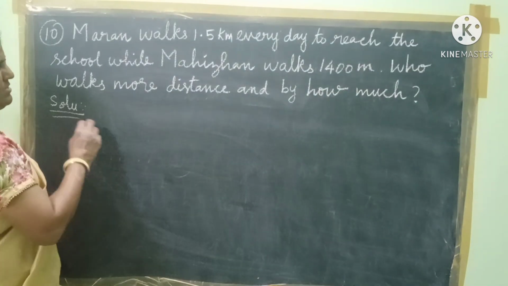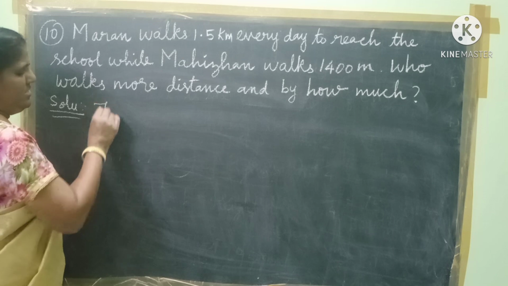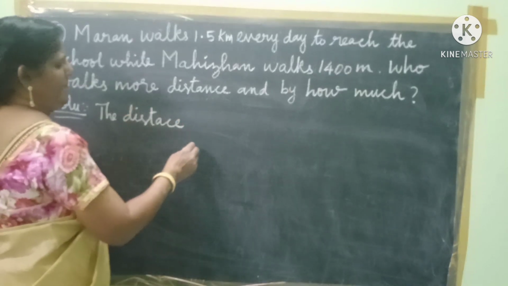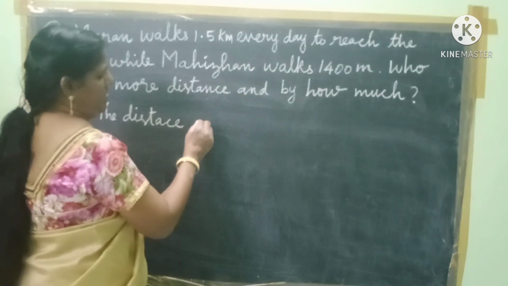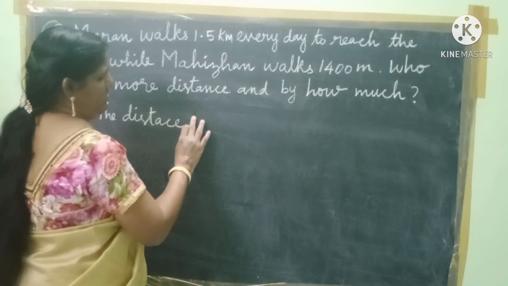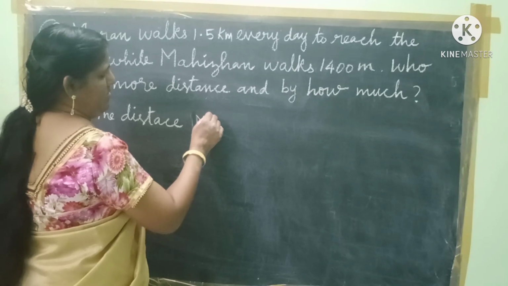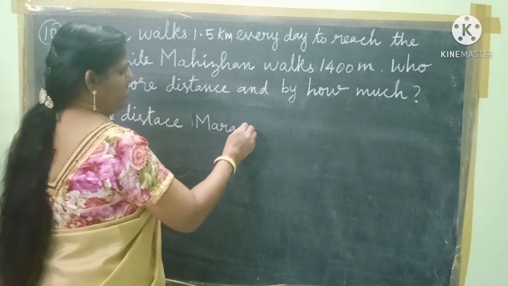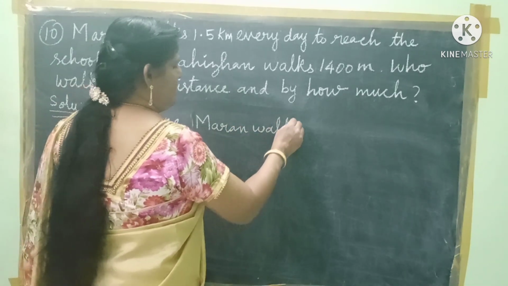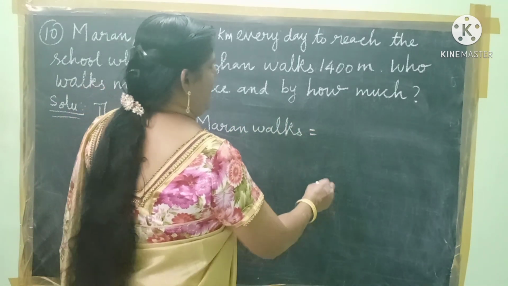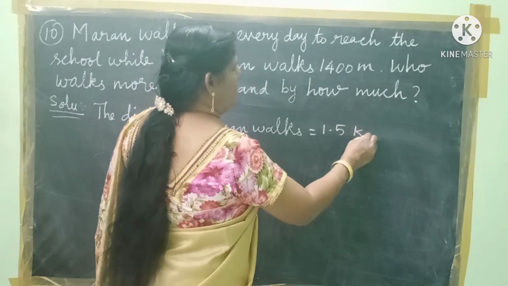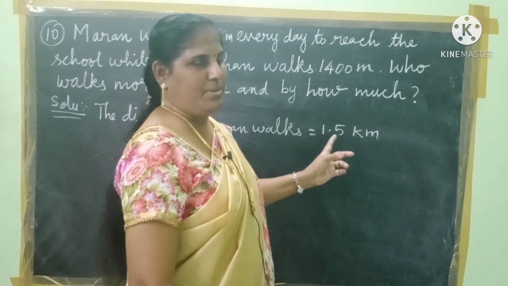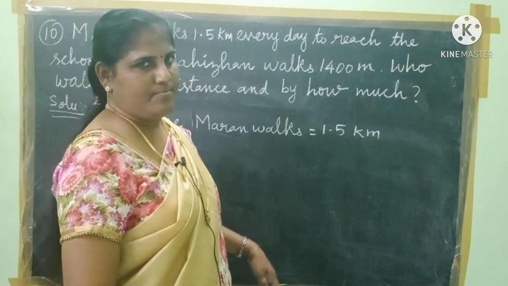So first of all, you put the solution. The distance Maran walks. How much does he walk? 1.5 kilometer. 1.5 means 1 kilometer equal to 1000 meter.